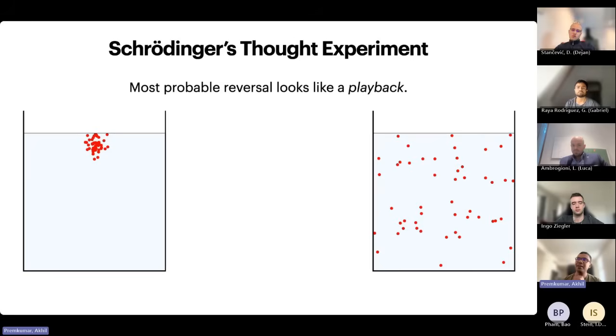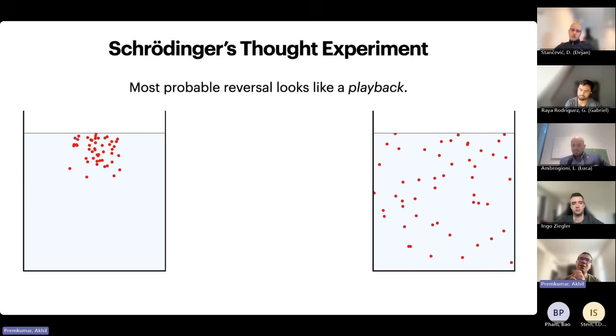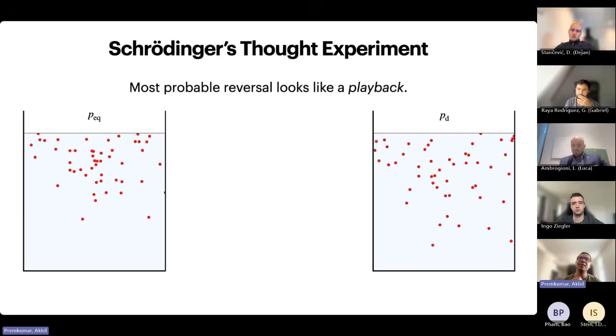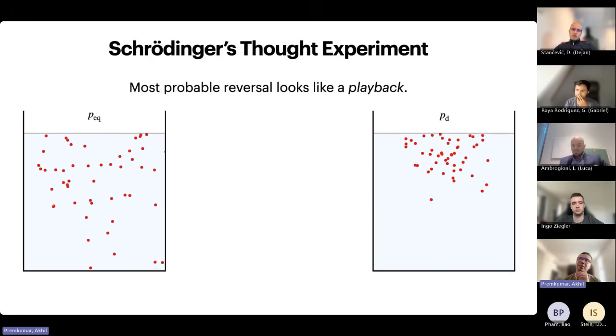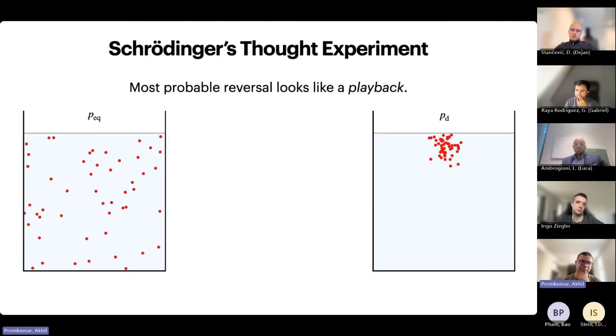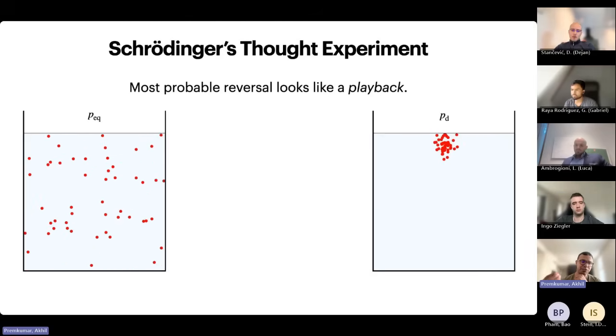So we can see this more pictorially by doing the following. I'll introduce a little bit of notation. Like I said, the data distribution is the one that corresponds to the initial ink configuration, and the equilibrium distribution is the final diffuse state.